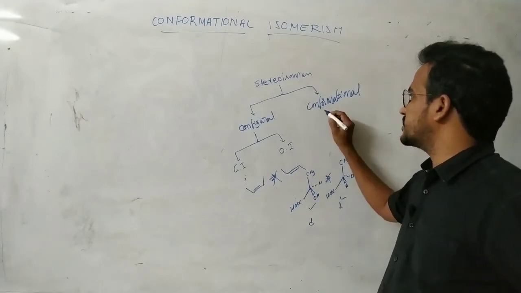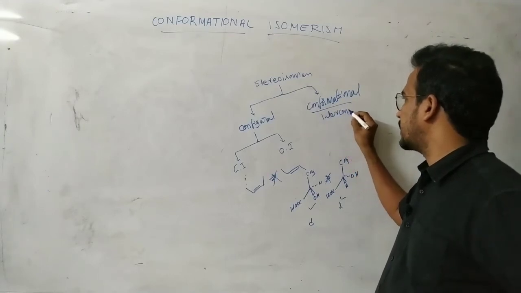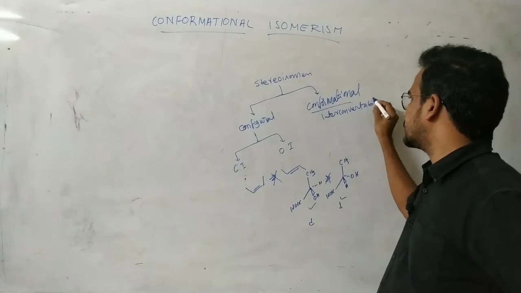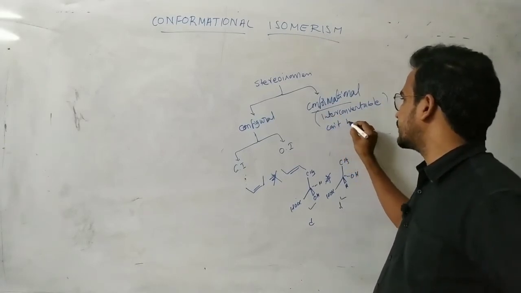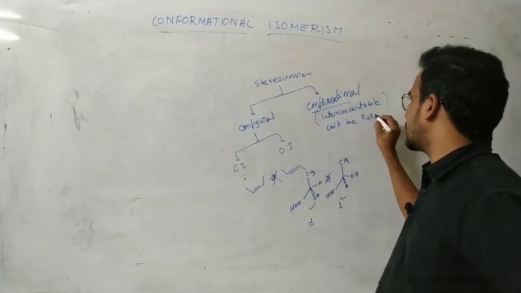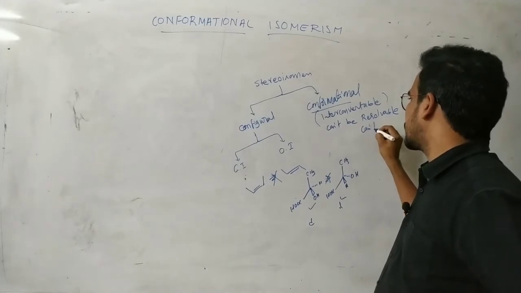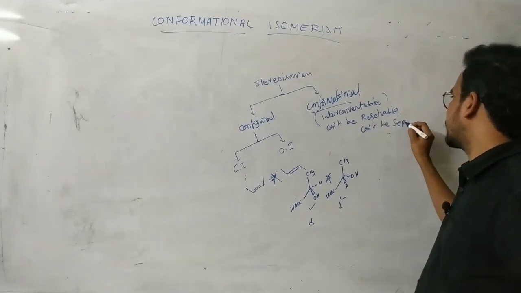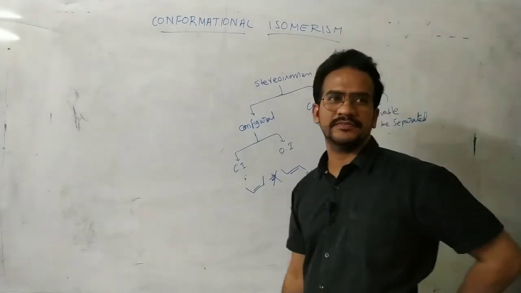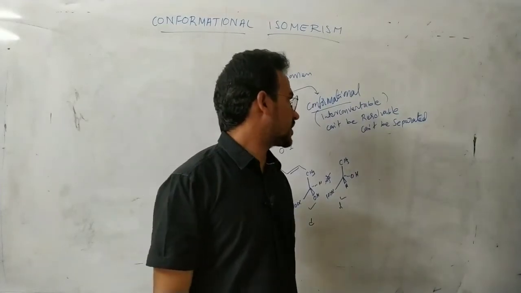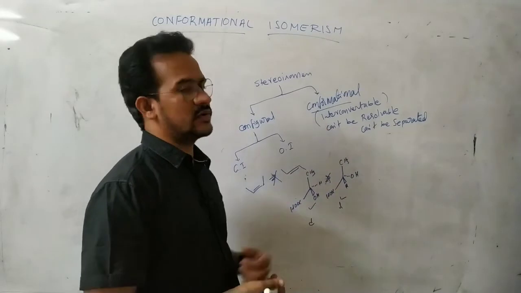Now, conformational stereoisomers are interconvertible. Interconvertible means they cannot be isolated or resolved, that is, we cannot separate them.